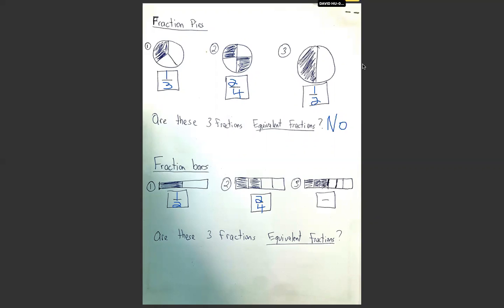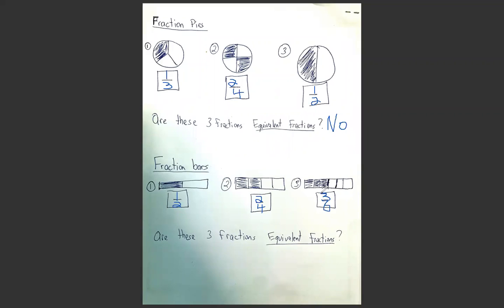Denominator. Belin, what's the denominator, the bottom number? Let's start again. 6. Very good. Now, how many are being used? What's the numerator? 3. Very good.